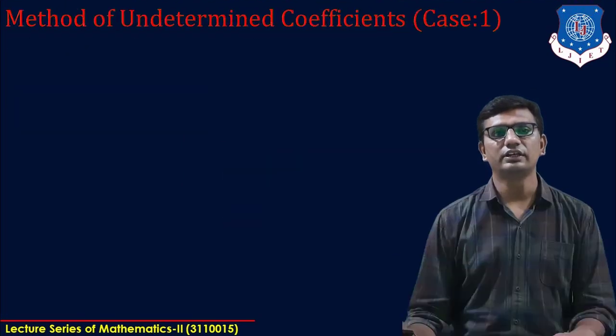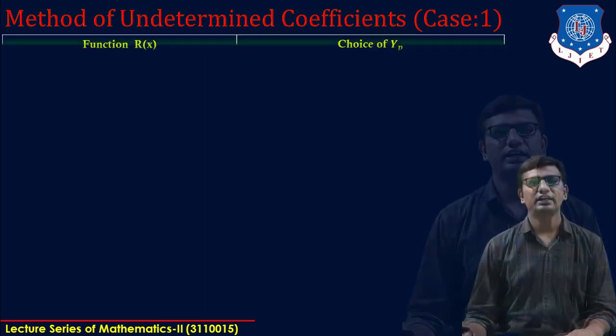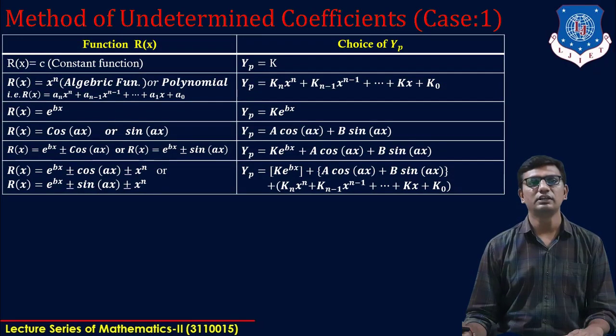Here, we will recall it. The first case of undetermined coefficients is when R(x) does not belong to the basis of the complementary function, and then the choice of Yp is obtained from this table. When R(x) is a constant, then Yp is only an undetermined coefficient k. We can find its value by differentiating Yp, putting it in the differential equation and comparing with the right hand side function.